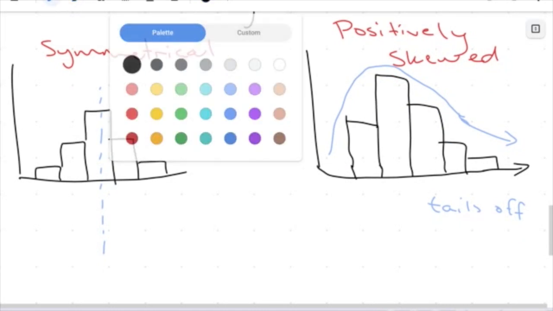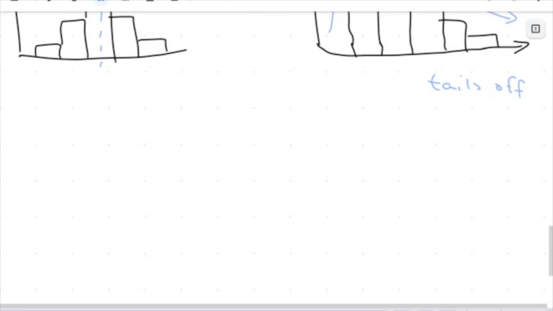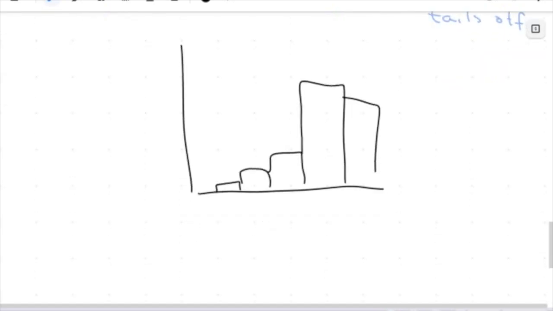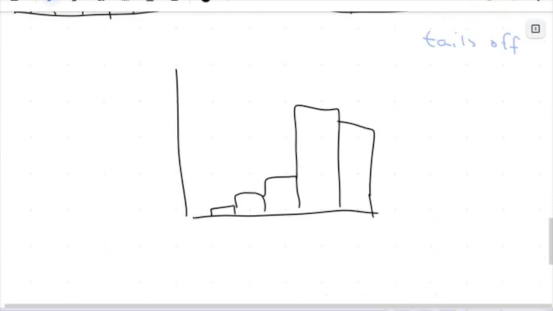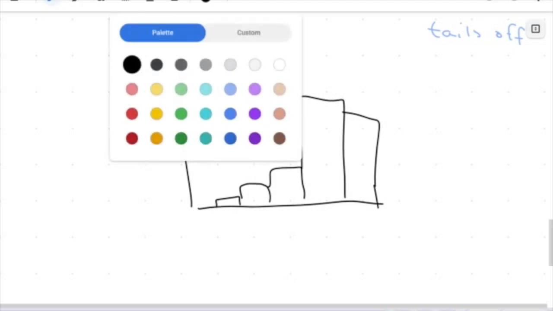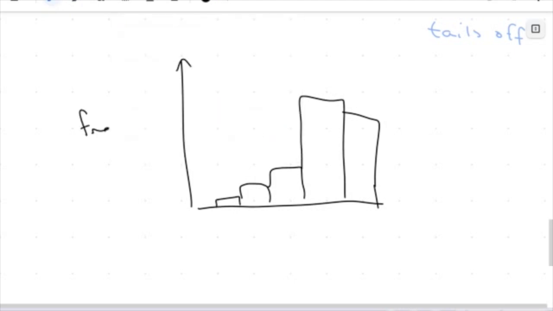Now, if we have a different type of data here, this is to show you the kind of variation, how different this can look. Introducing one more type of data, let's say we have this guy over here. Okay, so something like this, I have, and see the majority of my data clumping up on this side. Because remember, my y-axis is always going to be the frequency. How many people, for example, voted for a particular score.